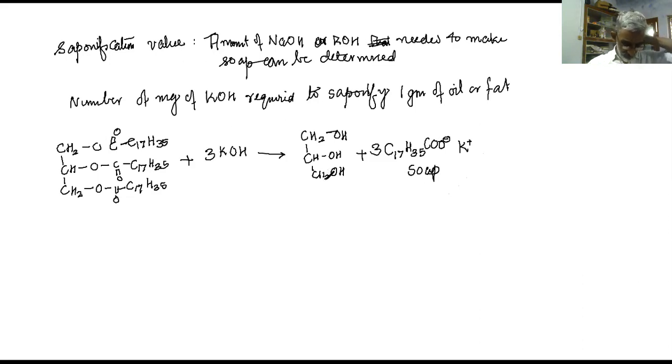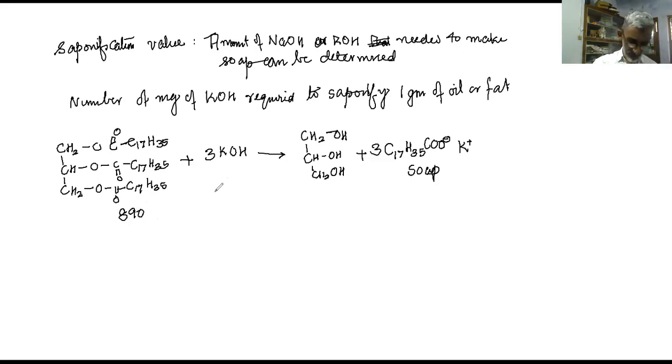Now, let's look at the molecular mass of this and make a calculation. If you calculate the total molecular mass, you will find it is 890.